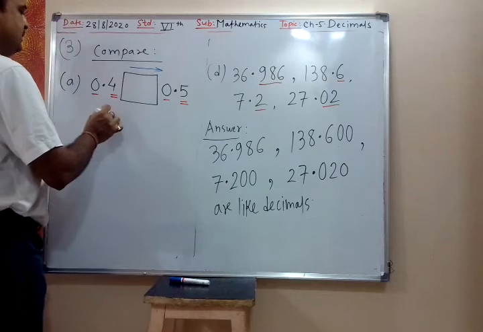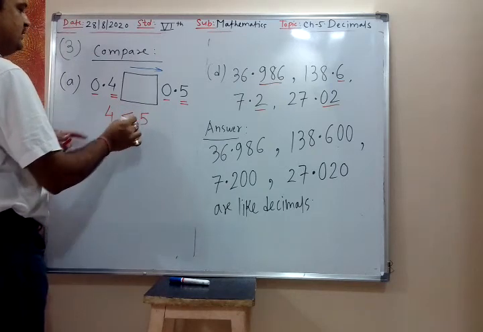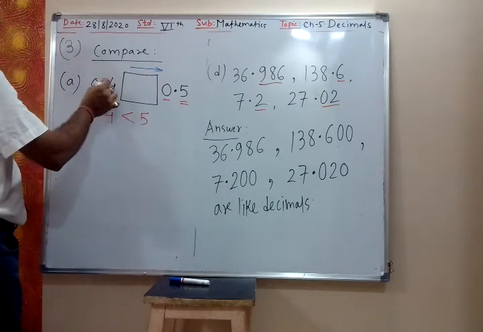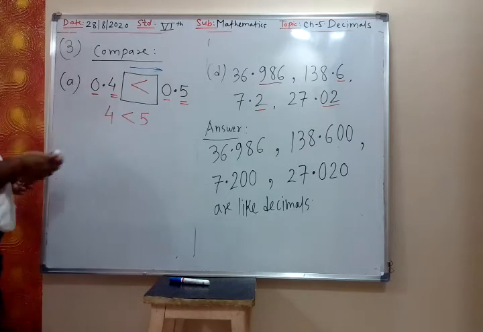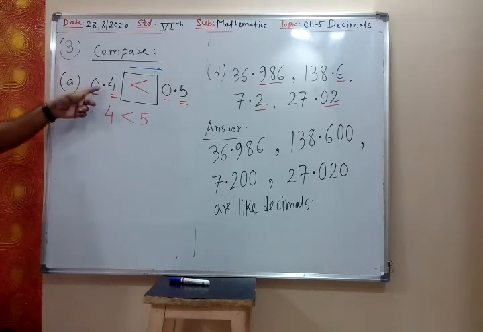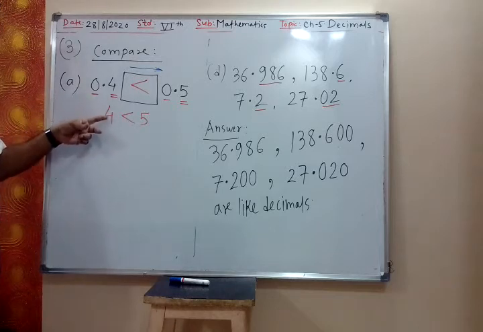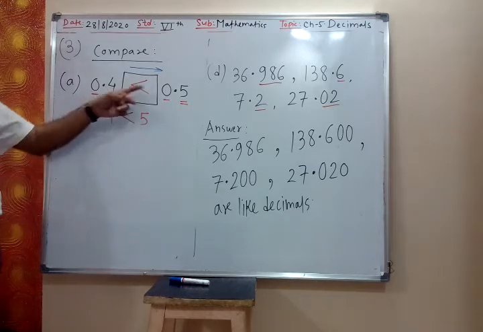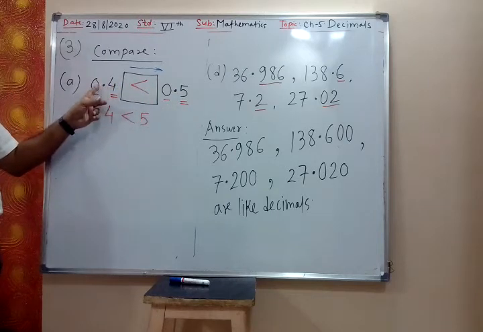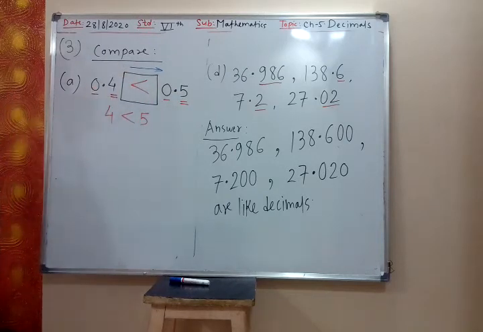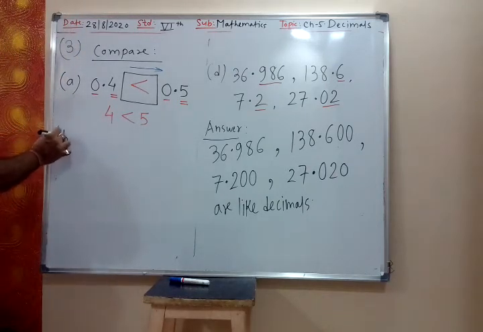Now 4 is less than 5. So 0.4 is less than 0.5. You write down the reason: 4 is less than 5, so that is why 0.4 is less than 0.5. Left to right is the direction of comparing the digits.